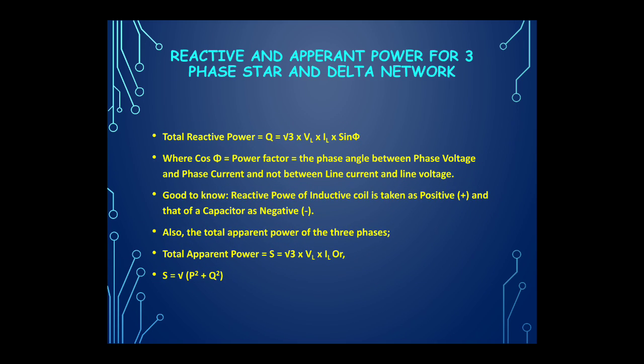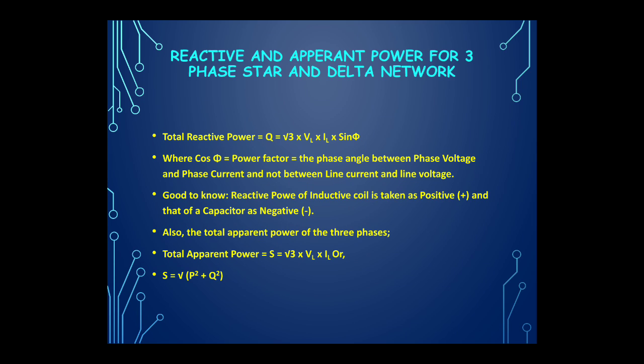Now the reactive and apparent power for three-phase star and delta networks. In case of reactive power, we multiply the voltage and current by the reactive factor, that is sin phi.